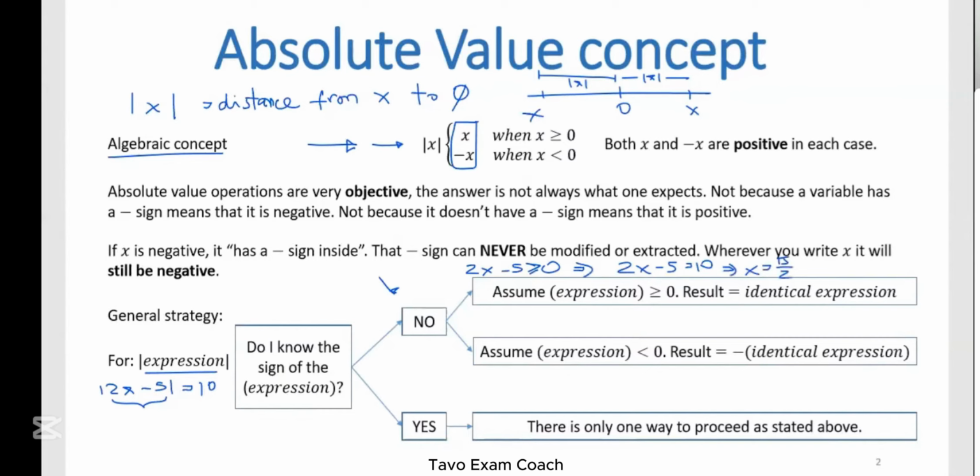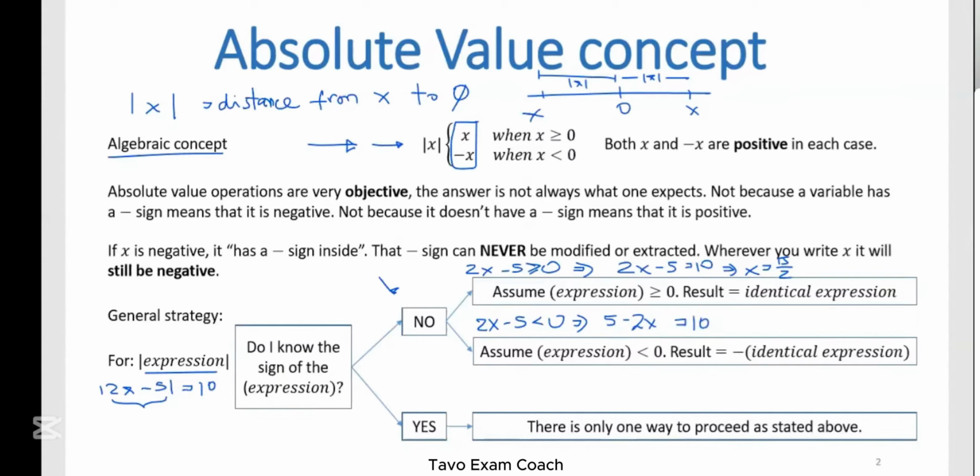On the other hand, if we assume that the expression 2x minus 5 is less than 0, then it's clear that the absolute value of that expression would be the additive inverse. That is to say, the same expression with the sign changed. That is 5 minus 2x, okay? And that would be equal to 10.